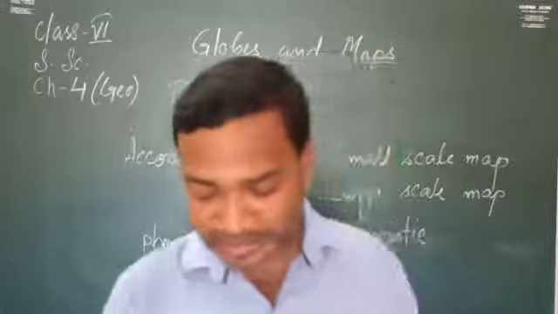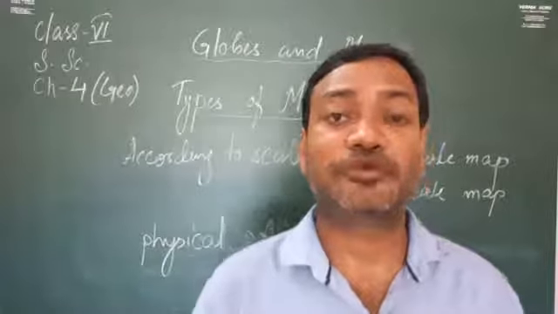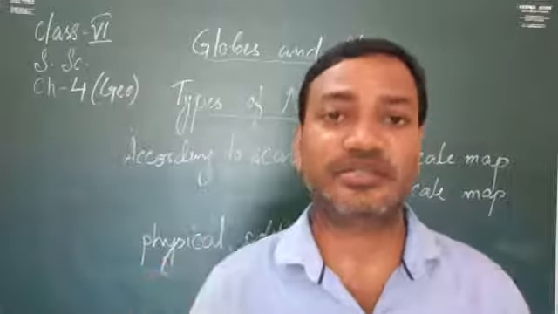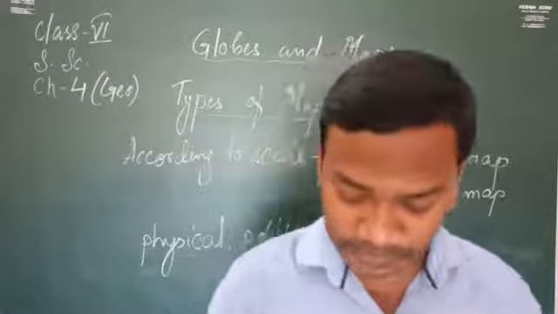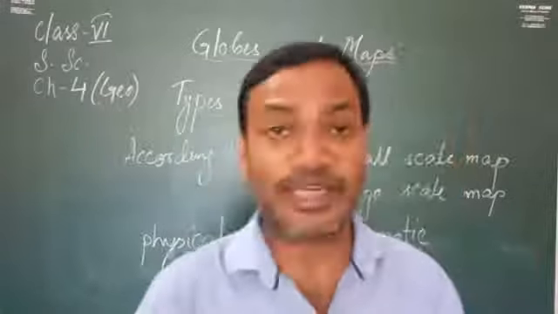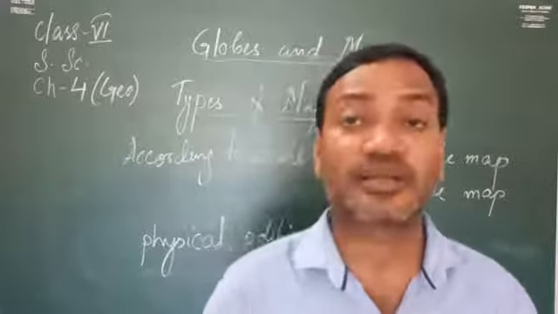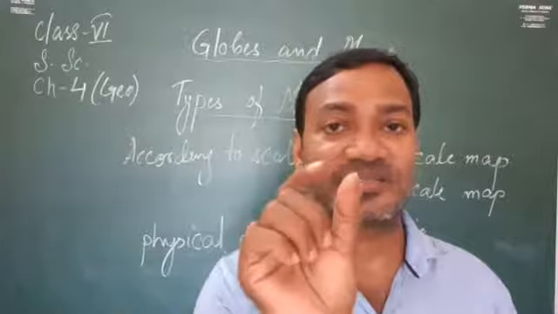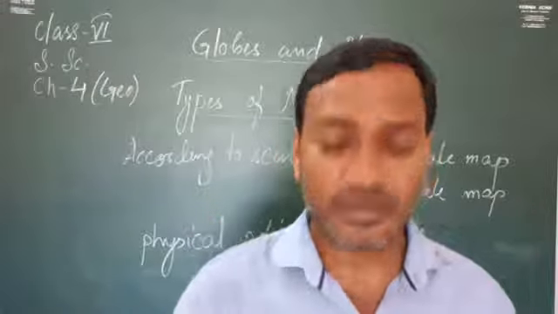We normally measure the straight line distance. On a map, if you observe, you will see that the distance is measured along a straight line. We measure the distance between any two places on the map and relate it to the distance between the two places on the ground. Generally, whatever distance there is on the map, we measure the same on the ground.